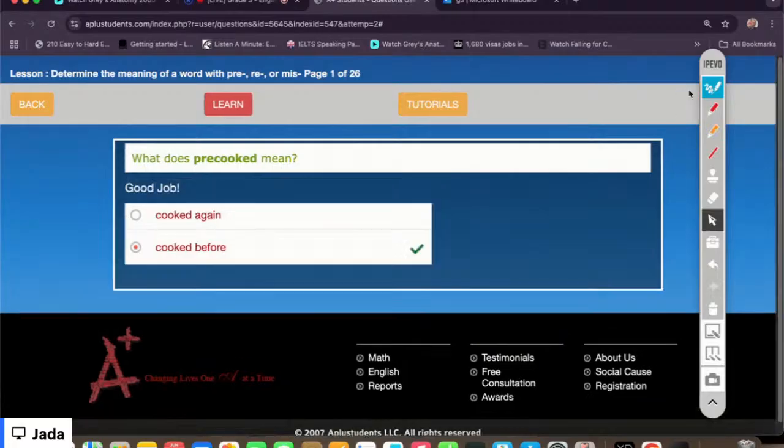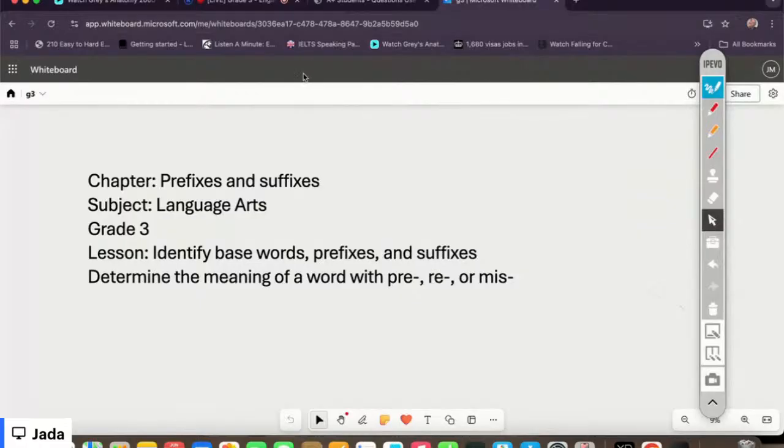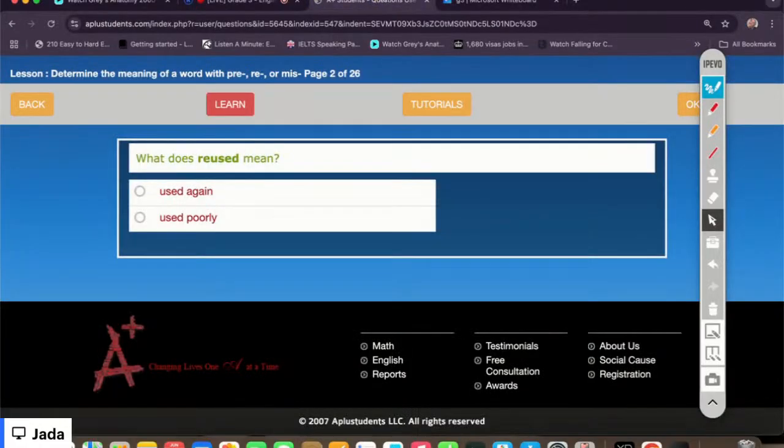Cooked before. So what does reused mean?